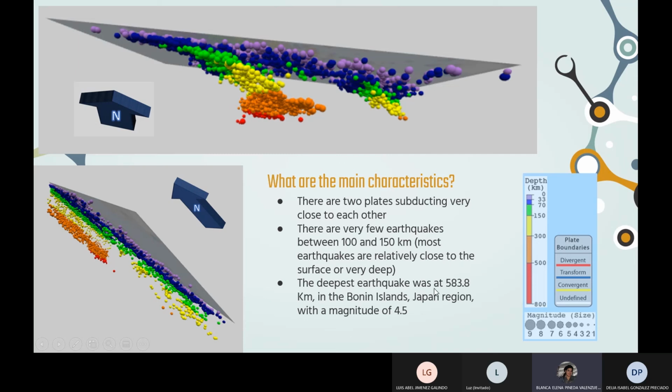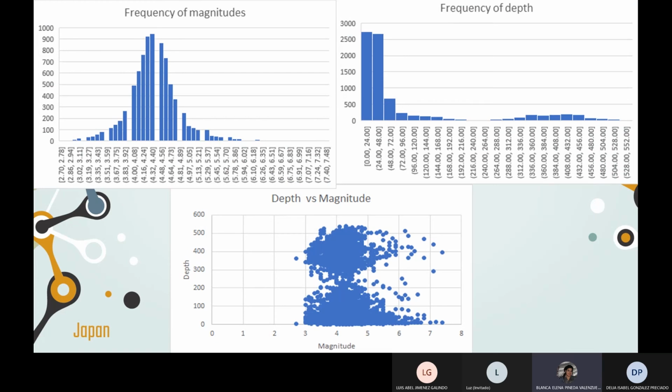The deepest earthquake here was at 583.8 kilometers in the Bonin Islands in the Japan region with a magnitude of 4.5 on the Richter scale. Now, we did a little bit of distribution here in histograms. So first, the frequency of magnitudes is normally distributed in a typical bell shape with a mean or average of 4.32 to 4.40.